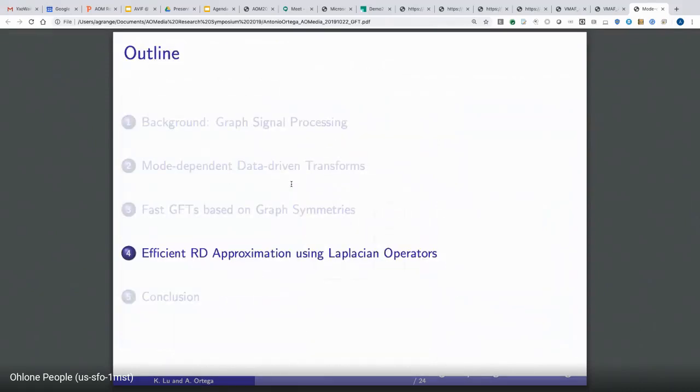All right, so we've seen how to design transforms, how to speed up the computation of the transform. The last thing that I wanted to describe is how we use the graph structure to speed up the RD optimization. This could be potentially useful for transforms, including DCT and ADST, which are very widely used.